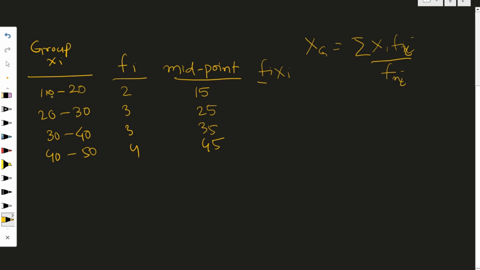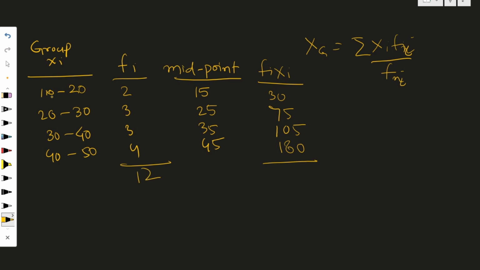So the values become 30, then 75, 105, and then 180. The sum of the frequencies will become 12, and the sum of fi xi will become 390.